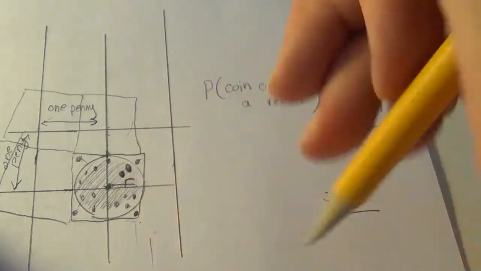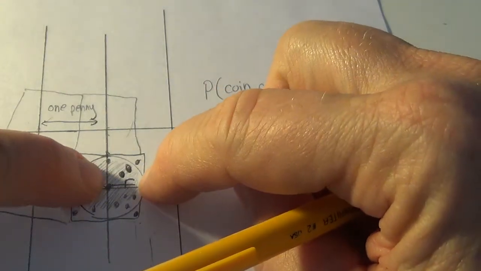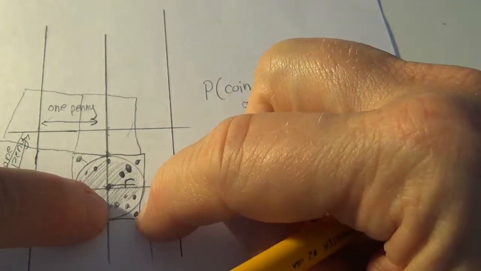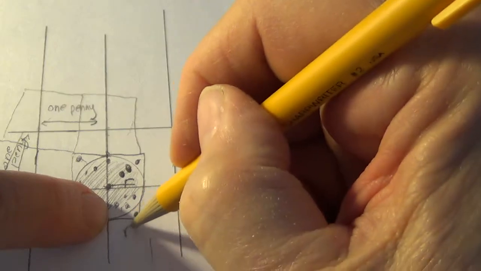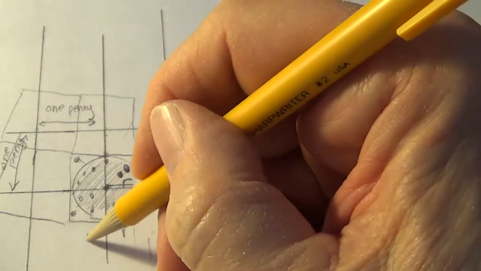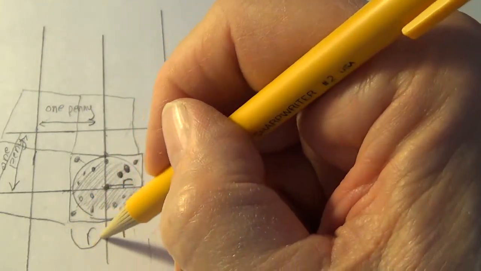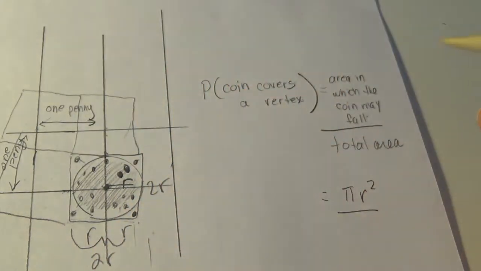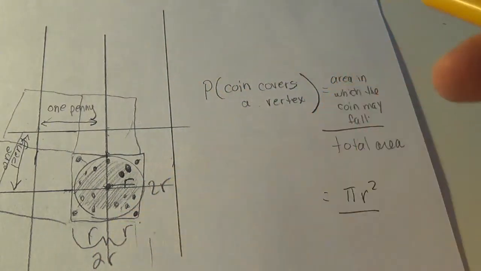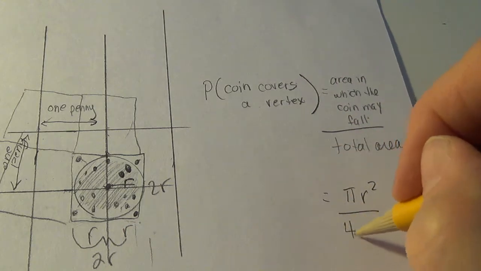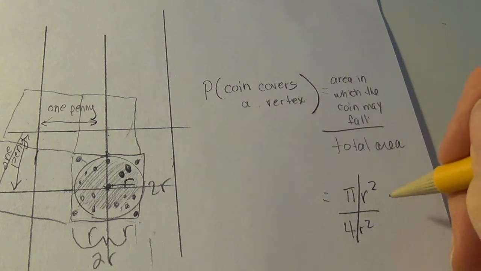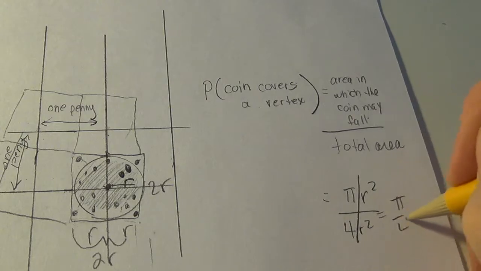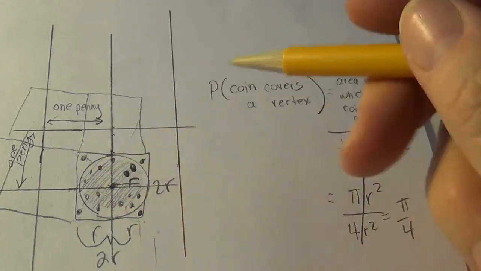So r is right here. The radius of the penny, I can drop it down here and see that this is r and this is also r. So one side of our square is 2r. The other side, being a square, is 2r. 2r times 2r is 4r squared. So we end up with pi over 4 around this vertex.